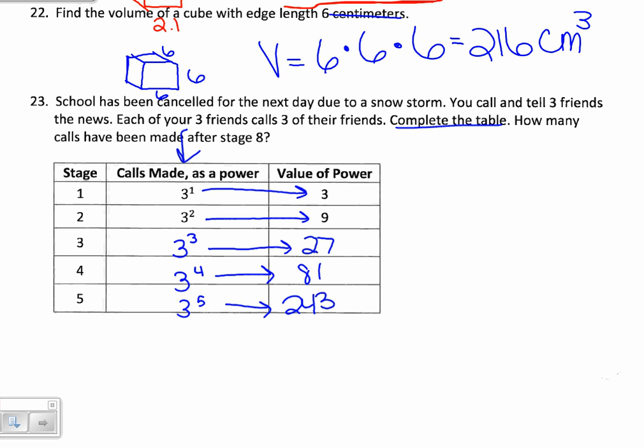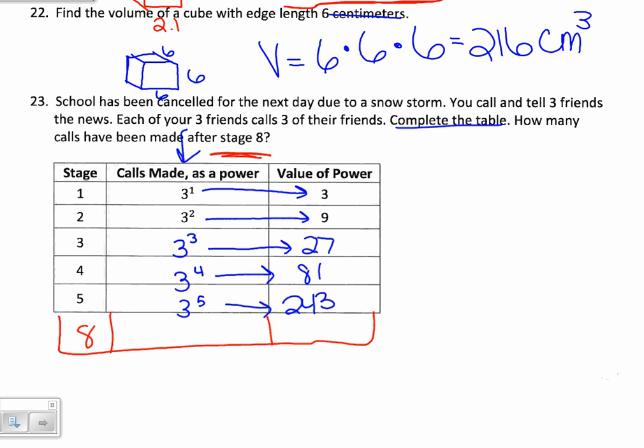So the next question says, how many calls have been made after stage 8? Well, if I look at my table, I don't even have an 8 to deal with. So let's make another row that I can put my 8 in. Okay, so we got 8 down here. So the question is, I can't continue the pattern because I skipped from 5 to 8.